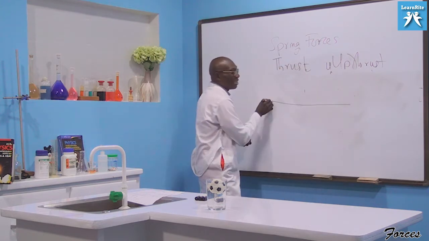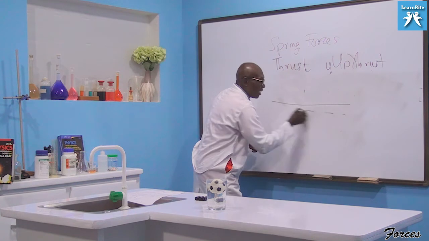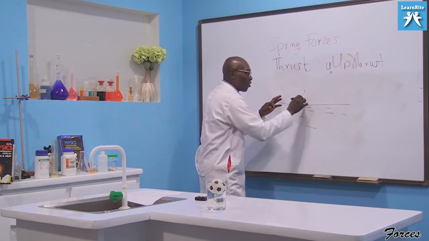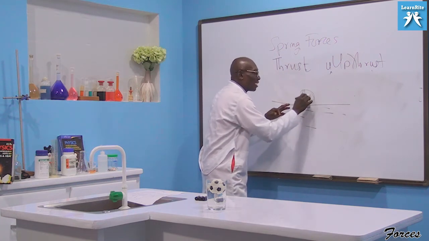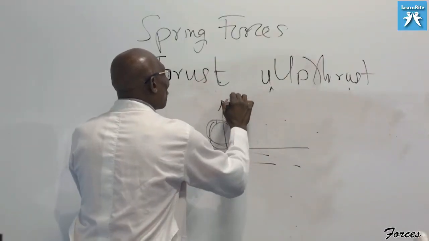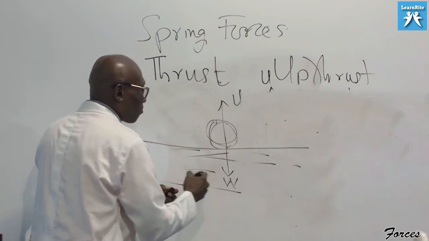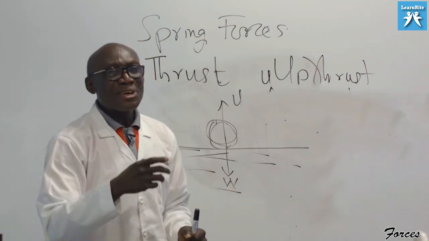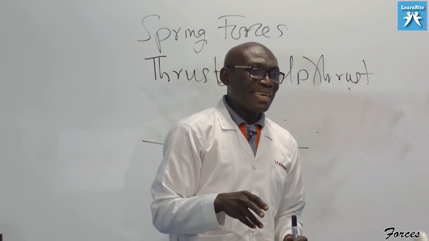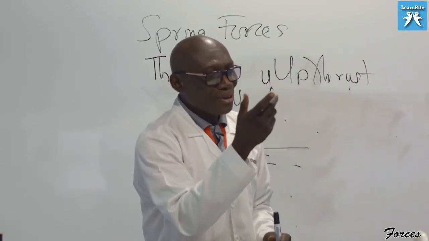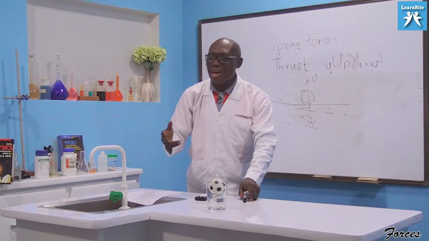This is water. Now, anything you place on the surface of the water will experience the upthrust. Of course, the weight of that body is there. When I heard of this reportage in one of those articles, I was amazed.